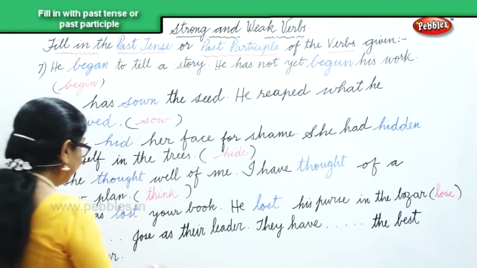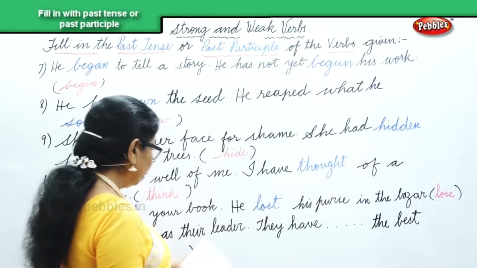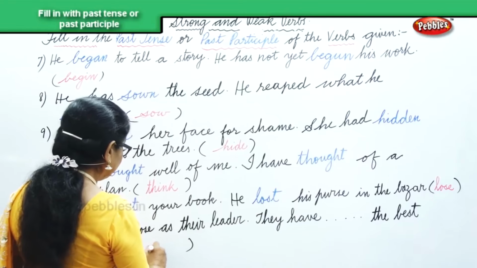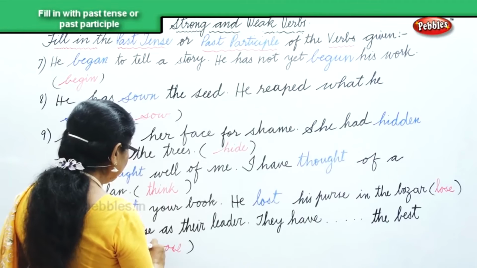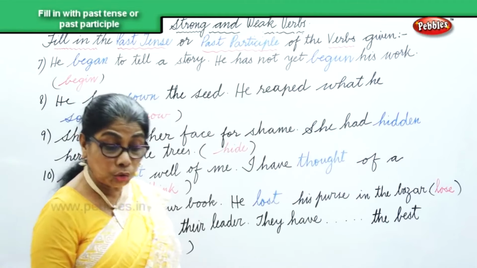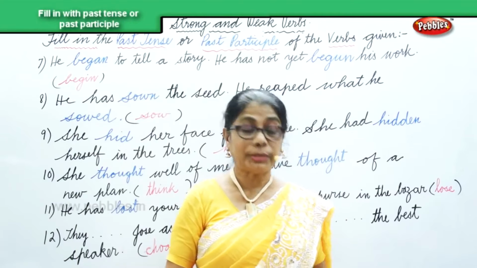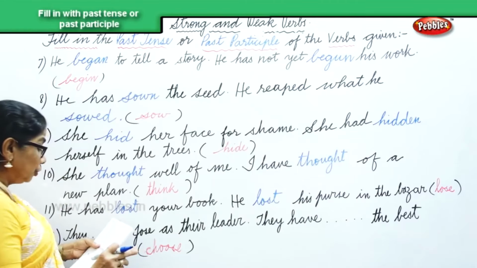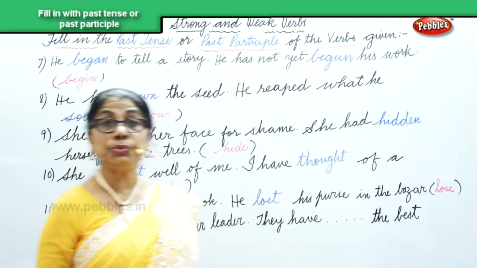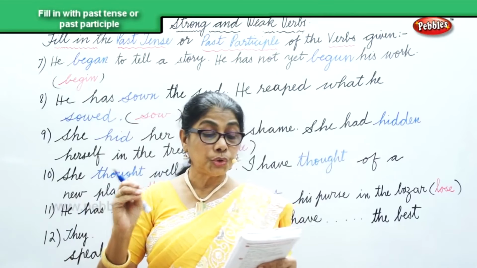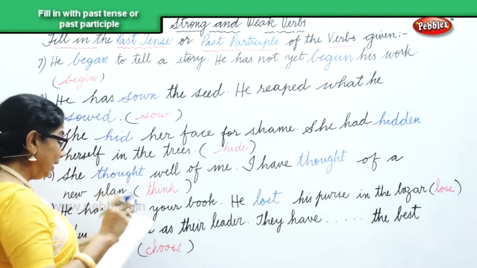And the verb given to us in the present tense is choose. Choose, past tense, chose, chosen. So now they chose Jose as their leader.